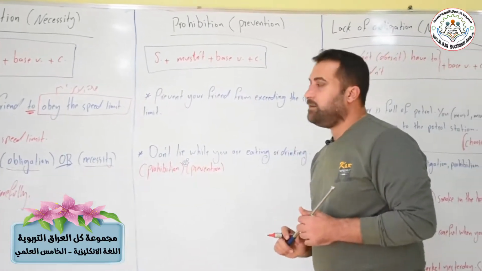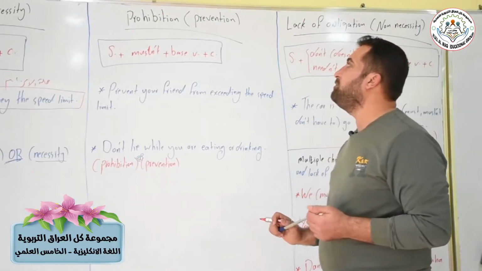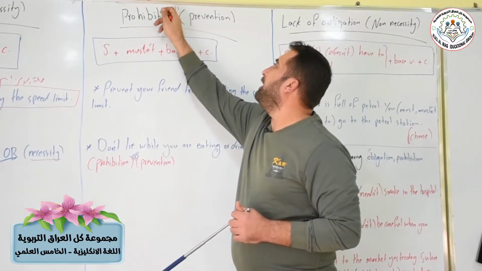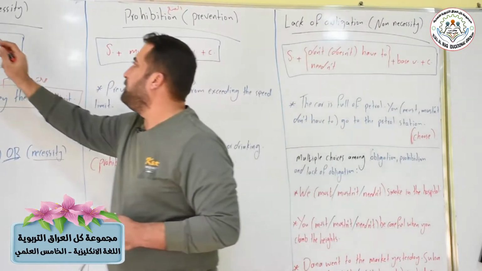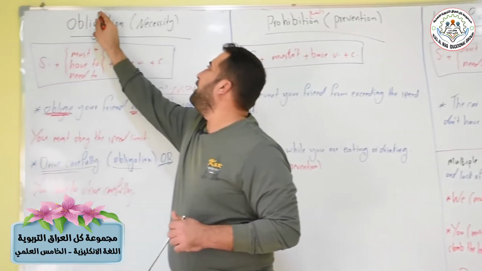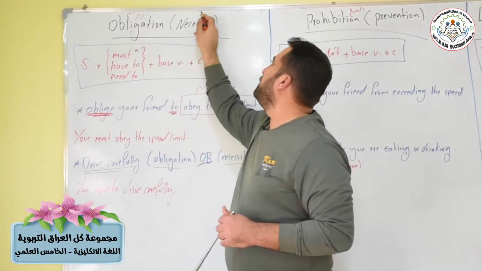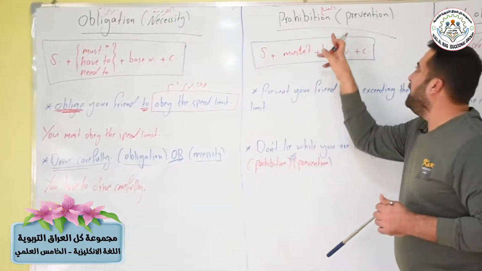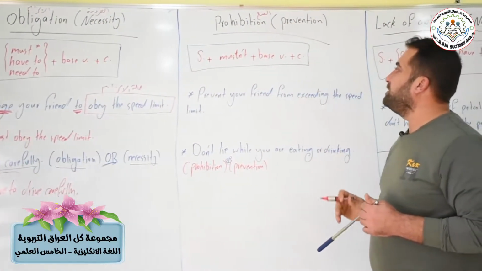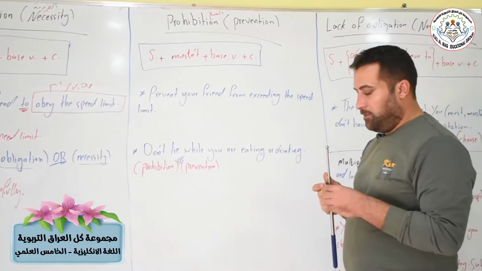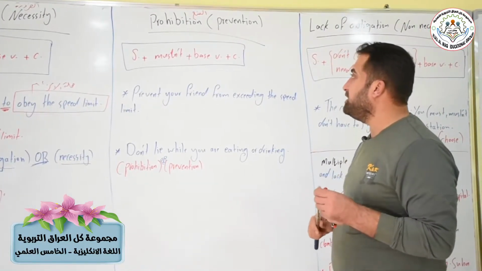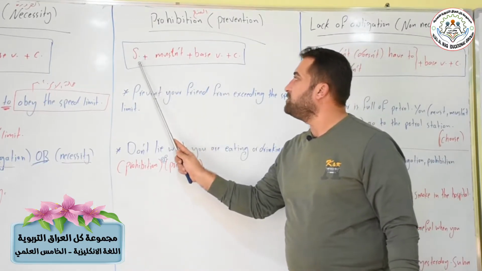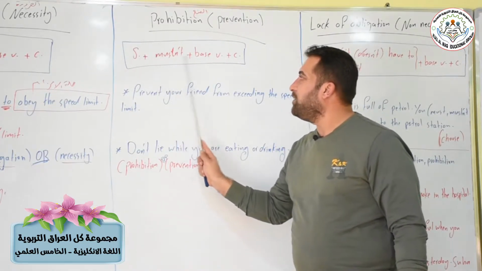Okay. The second subject is prohibition or prevention, المنع. This is obligation, الإلزام أو الضرورة, necessity. This is المنع, prohibition or prevention. The form of this subject is subject plus mustn't.